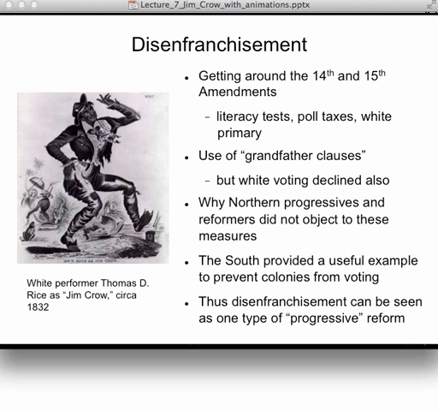But what it meant in the context of Jim Crow was that often the laws would say, for instance, that if your grandfather had been a voter in the South in 1860, then you too would be allowed to vote, even if you didn't meet the other requirements.